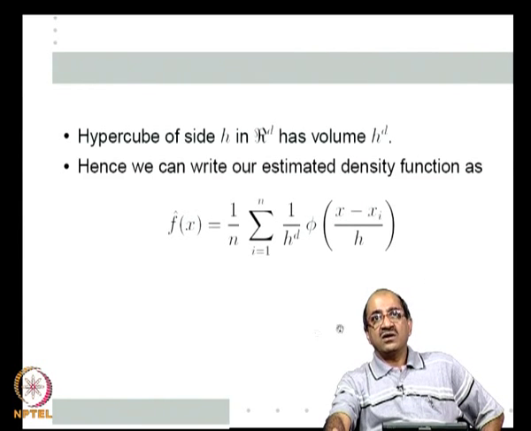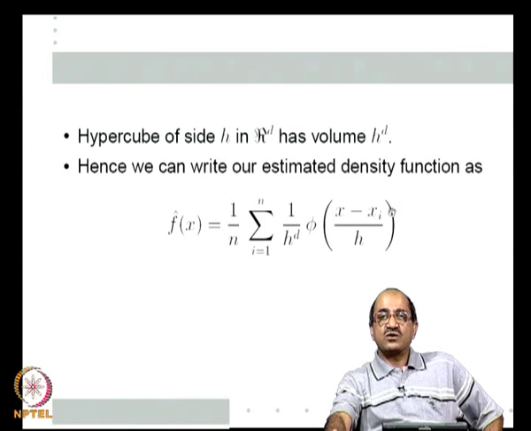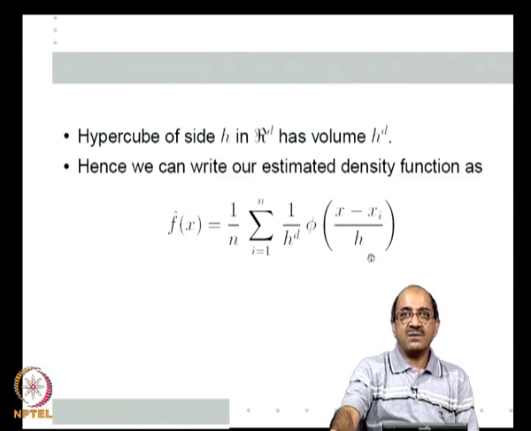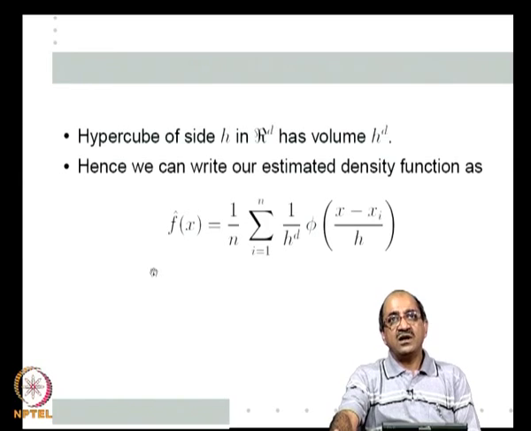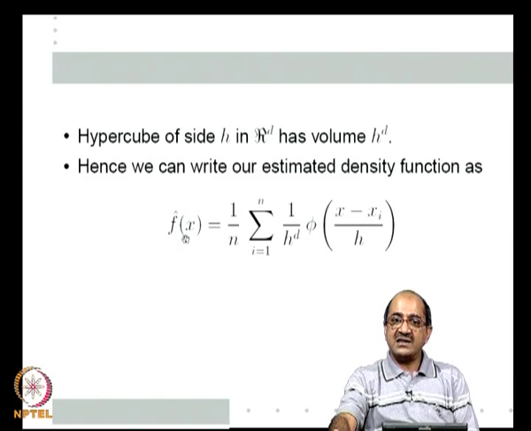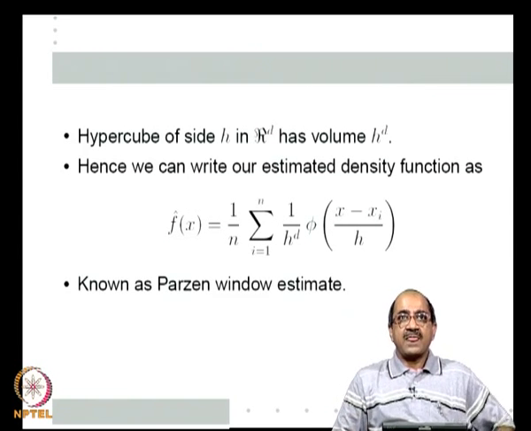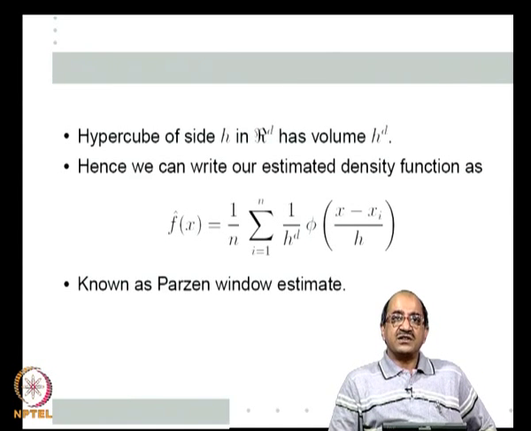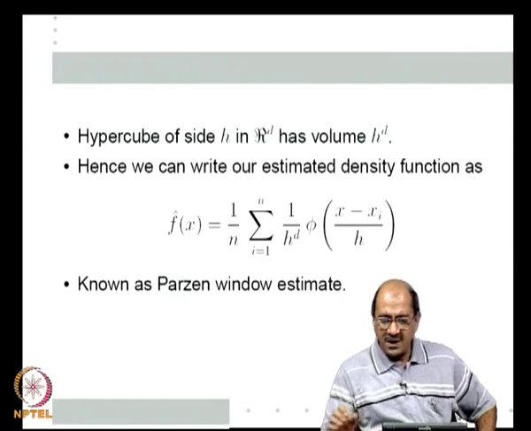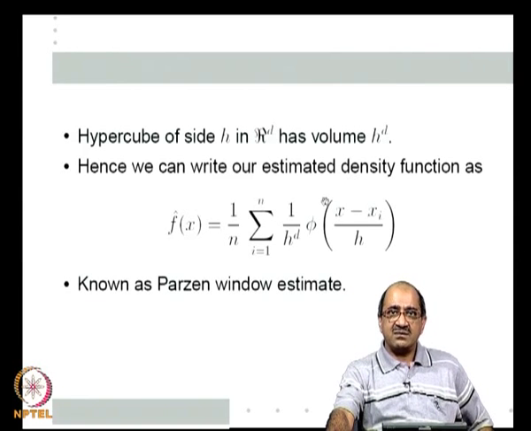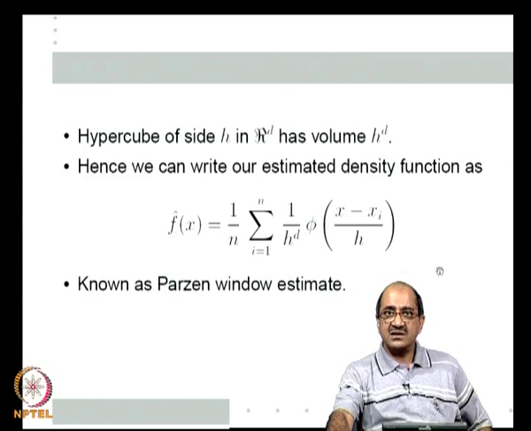If I know the function phi and if I store all the xi's and I make a choice of h, which is the size of my volume element, then whenever you give me a new x at which I have to calculate the density value, I can use this equation and calculate the density value. So, it is a nice way to write out our non-parametric density estimate, which is known as the Parzen window estimate. Of course, the Parzen window estimate used a particular phi, this hypercube.